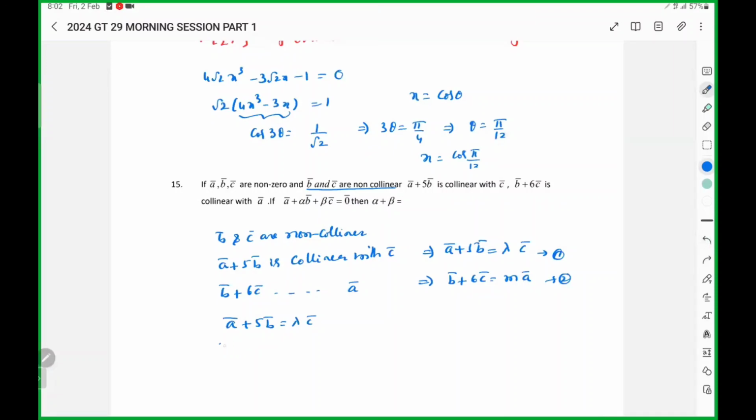I will multiply this with m. 5mB equal to lambda mC. Here it is mA minus B bar minus 6C bar. Subtracting, 5m plus 1 times B bar.